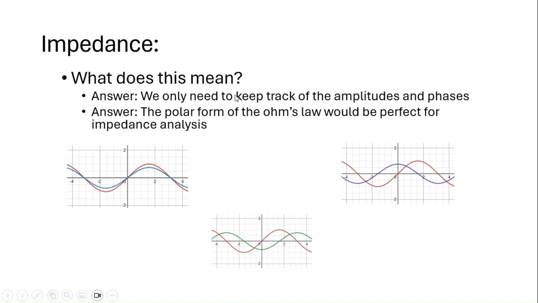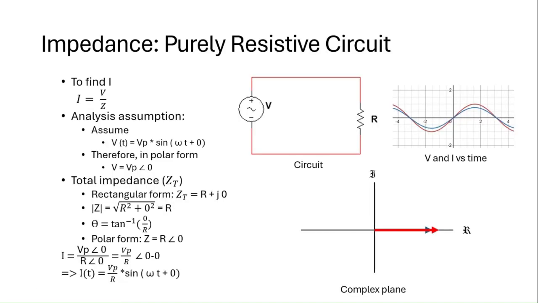For these AC circuits, even AC circuits in general, when we're doing impedance analysis, we can put it in polar form, and it helps us out tremendously. So having said that, let's go back to the resistive circuit.